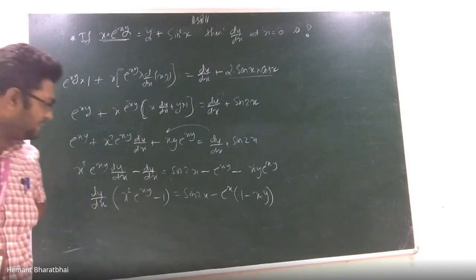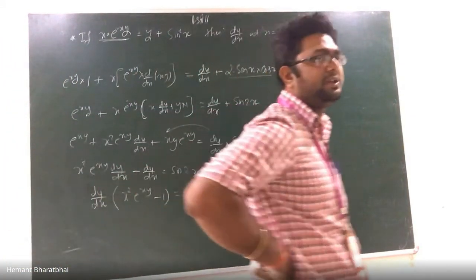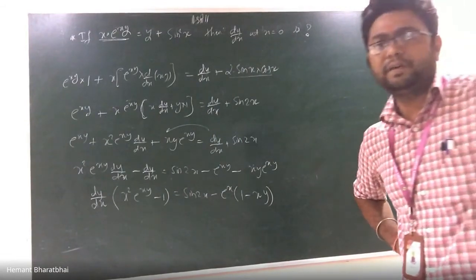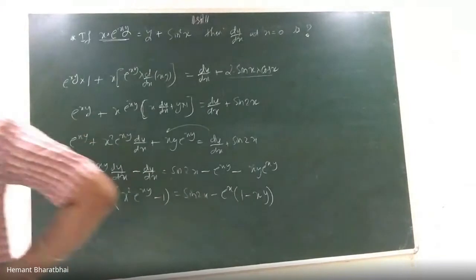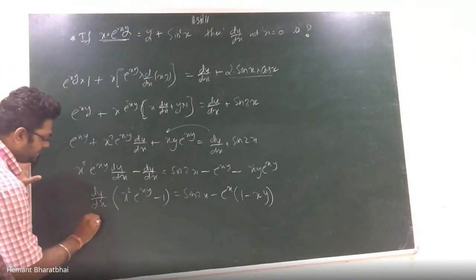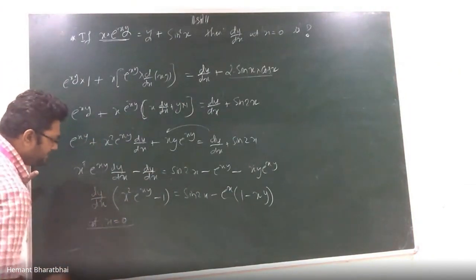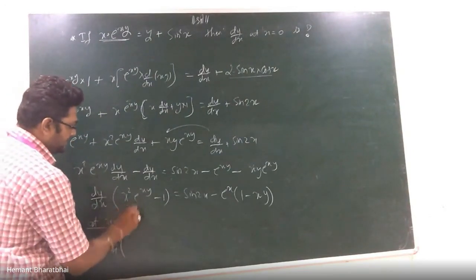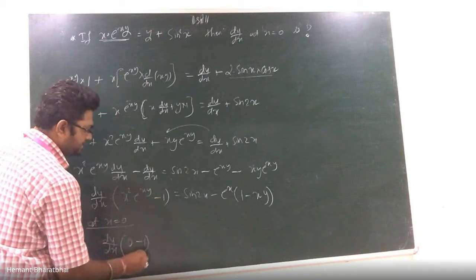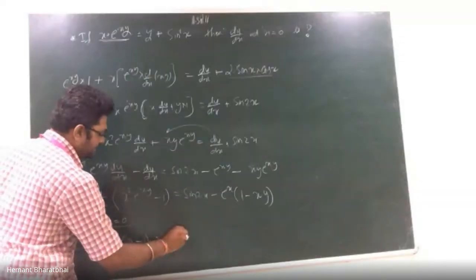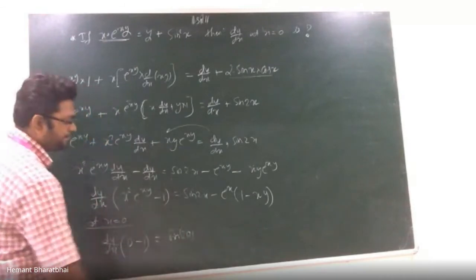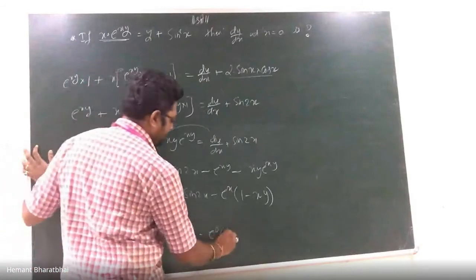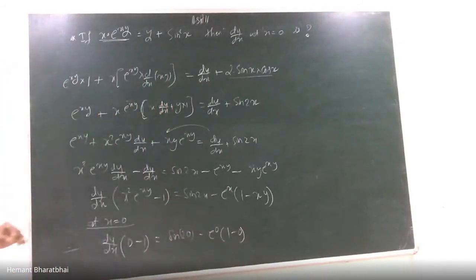So one thing that is good over here is x is always in multiplication with y. So even if we don't know the value of y, we can find out this. So let's put x is equal to 0. Therefore I'll get dy by dx into 0 into anything is 0. So 0 minus 1 is equal to sine of 2 into 0 minus e raised to 0 into 1 minus 0 into anything is again 0.